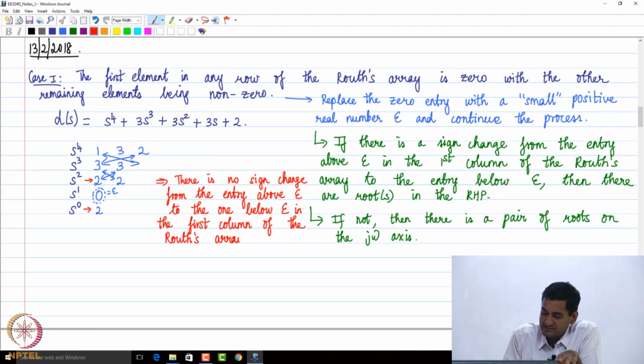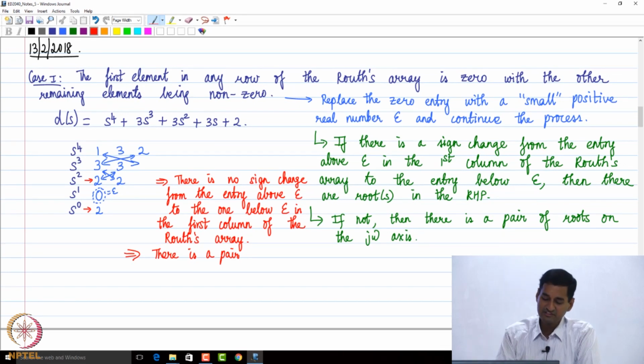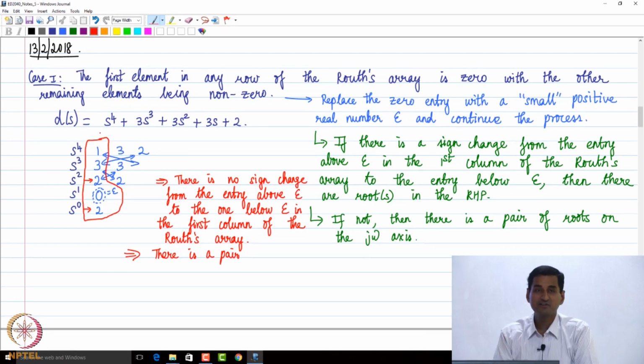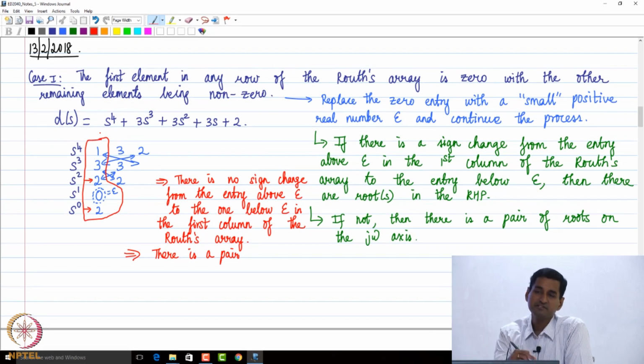of the Routh's array. So, what does this imply? This implies that there is a pair of roots. Of course, there are no other sign changes also. If you look at the first column of the Routh's array, there are no further sign changes. There is only one 0 entry, which we have addressed by replacing it with epsilon and continuing the calculation.